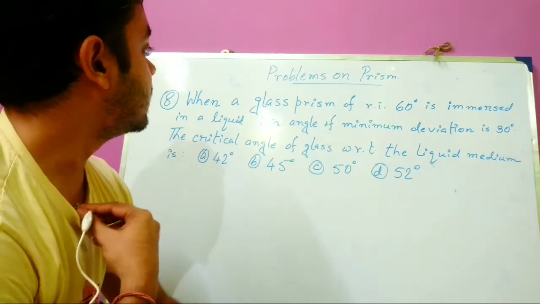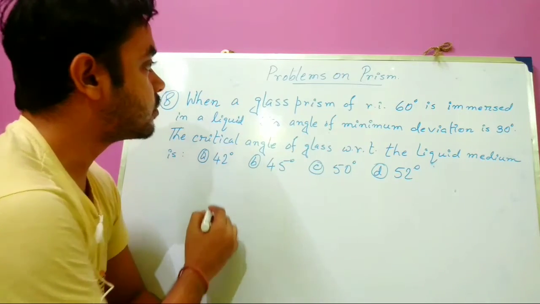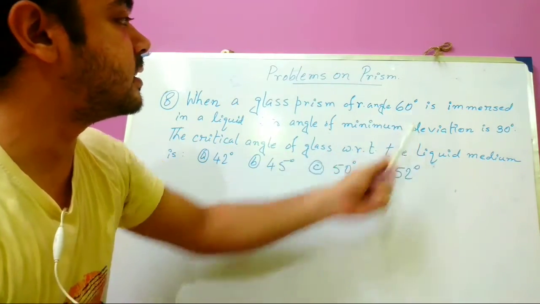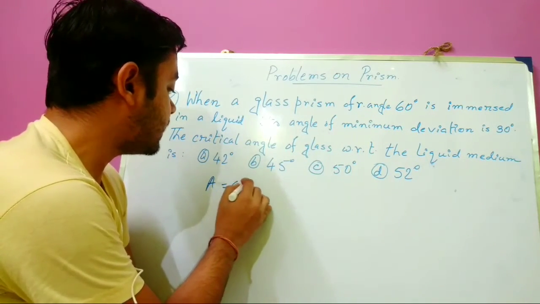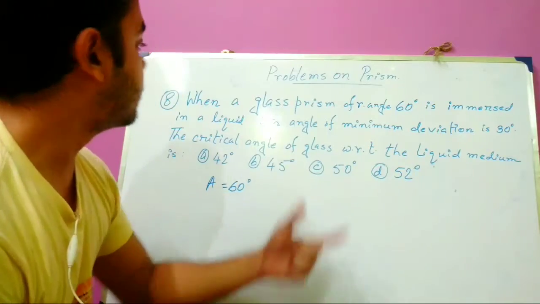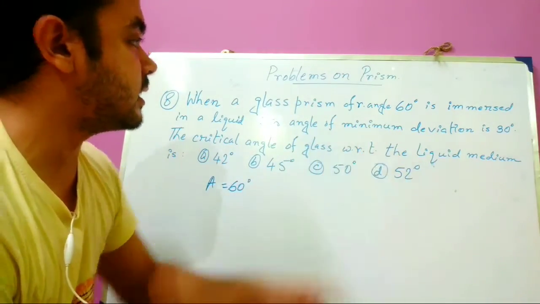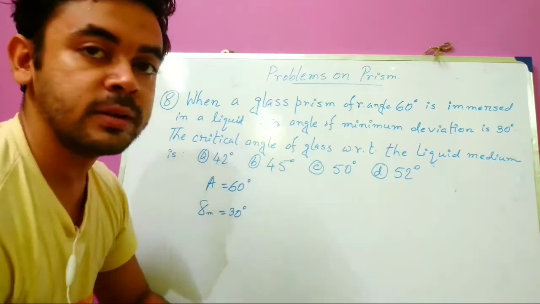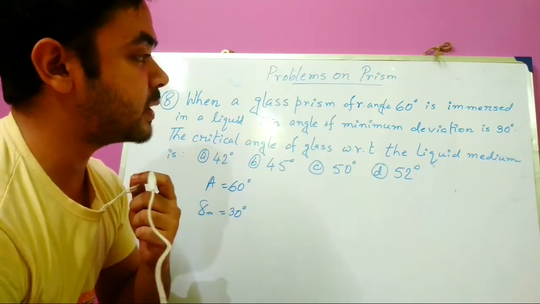Now in the question, the angle of the prism, this is the refracting angle, is 60 degree, and in a liquid the minimum deviation delta m equal to 30 degree.